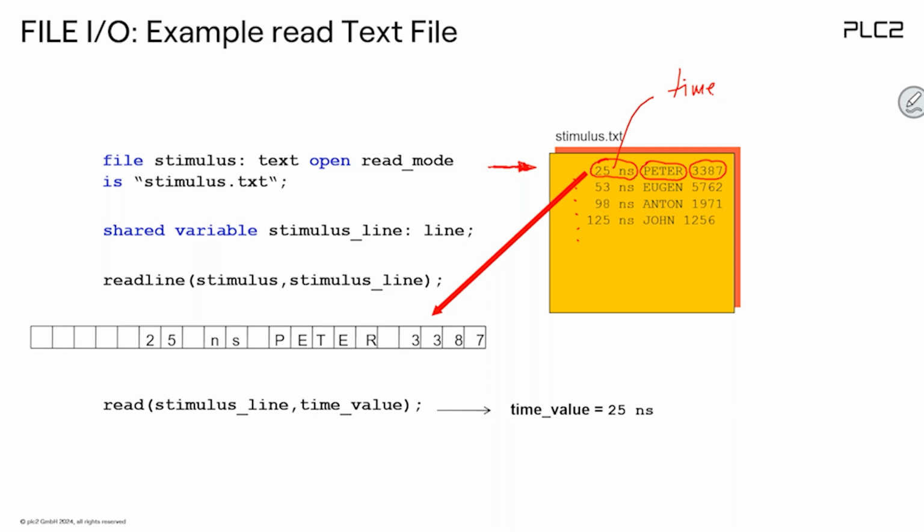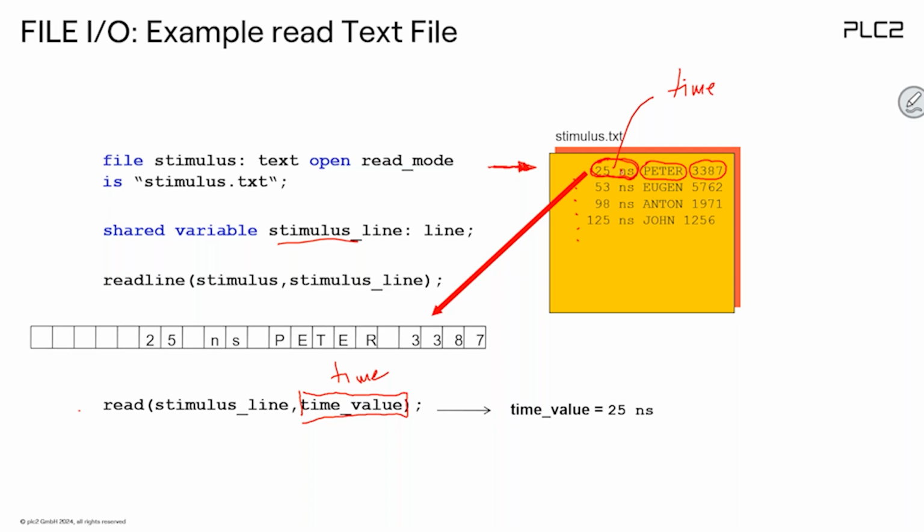You say this might be the time value. So in this case, you read from the buffer. That's the key point: you define an object time value, and the object time value is of type time. Because it is of type time, the read procedure understands you're looking for time information. The time information consists of an integer value and a valid time unit: femtoseconds, nanoseconds, microseconds, seconds, minutes, and hours.